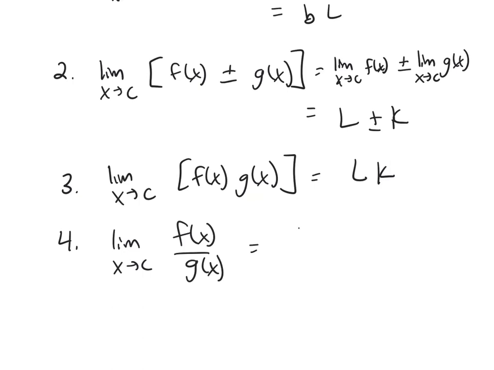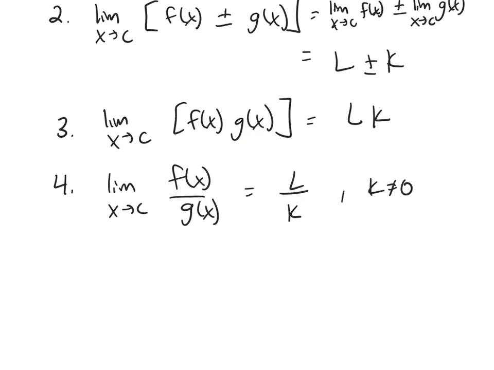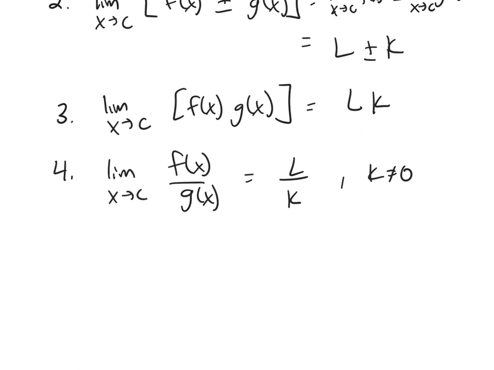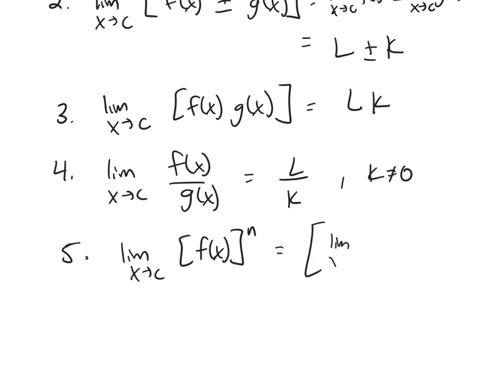So this would be L over k, provided k is not 0. And then the last one is a power rule. It says the limit of f of x to the nth power, you can look at this as the limit of the inside, which would be L to the n.